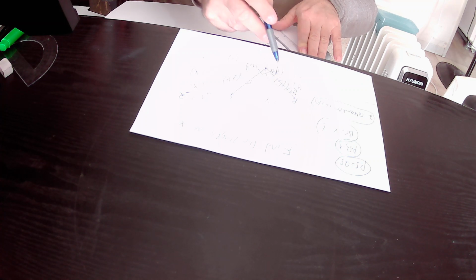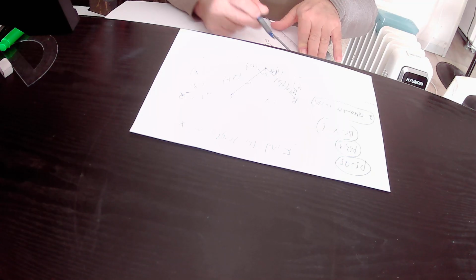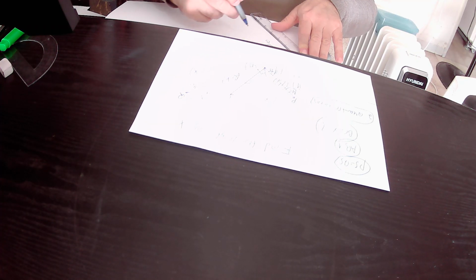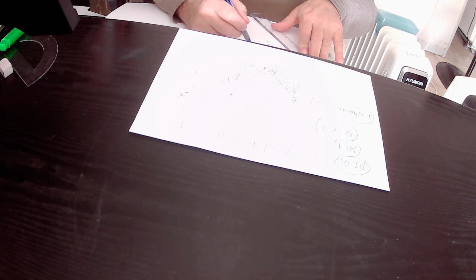Side PB of this right triangle PBQ equals the square root of 2 units in its length. Side BQ of this right triangle equals square root of 2 times x units, according to what we already found out in the beginning of the lecture.